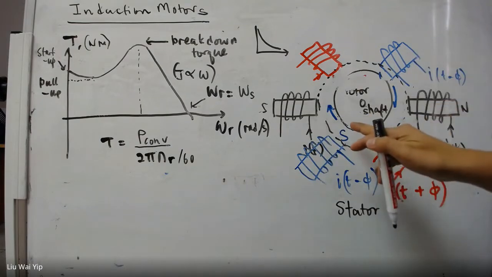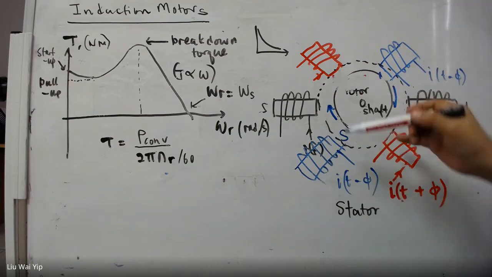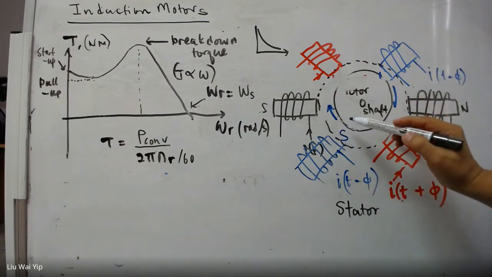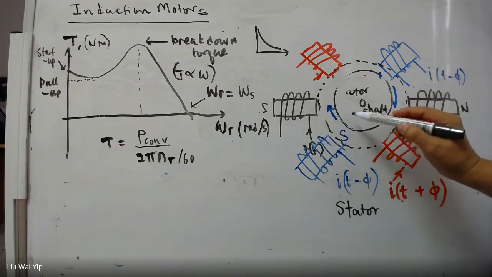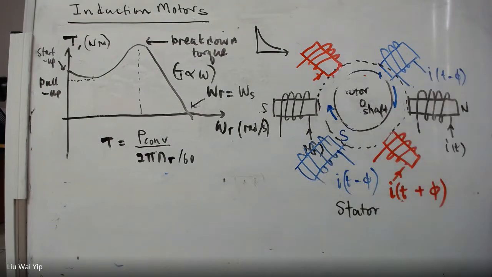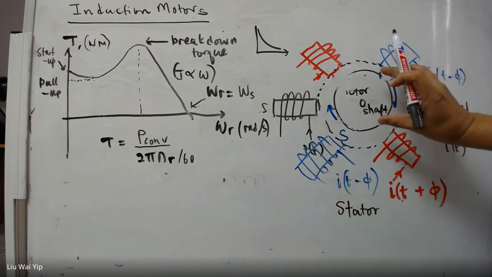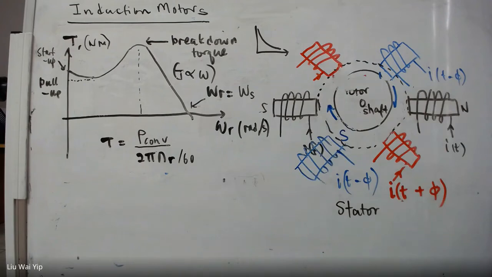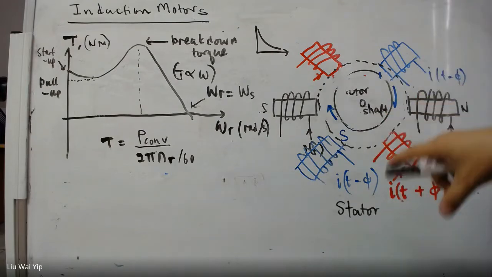Apart from that, the rotor is also electromagnetically induced. So basically, the nature of the rotor is not much different from the secondary of a transformer, with an exception that the rotor can rotate.